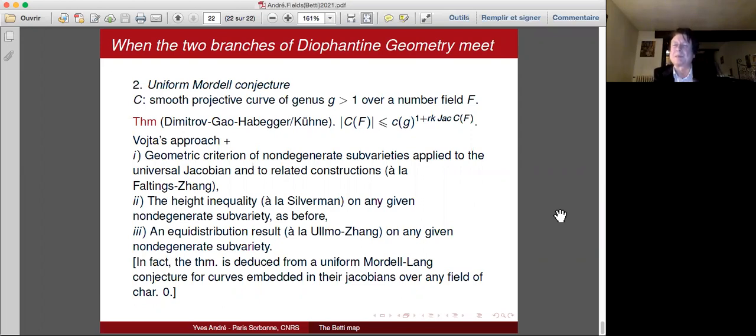So it's big enough. It's not contained in a proper special subvariety. This is by classification of Shimura varieties, but you can avoid this if you use a stronger result on the side of Zannier.